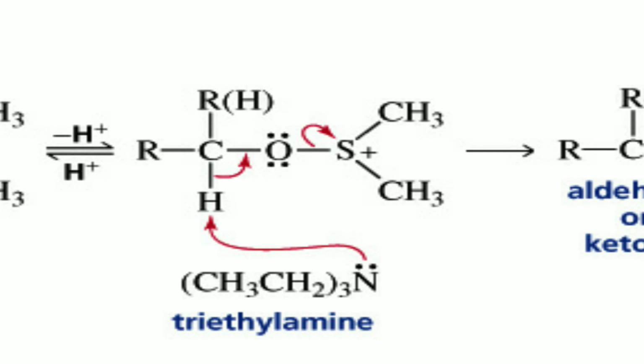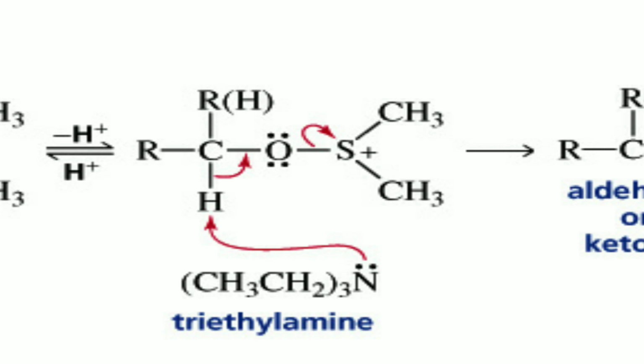Here the base has a nitrogen with a lone pair of electrons, which abstracts this proton. You can see the red arrow, and at the same time the electron is accepted by this oxygen, and there is formation of a carbon-oxygen double bond.